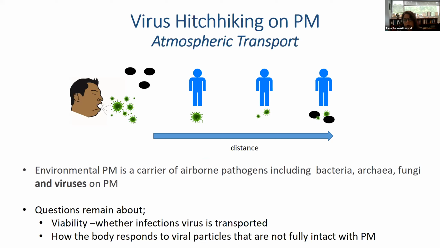But we know that particles in the atmosphere can travel longer distances. And so there is data to support that environmental PM can be a carrier of airborne pathogens, including viruses, and potentially could change distances in which a person could be infected with virus particles.